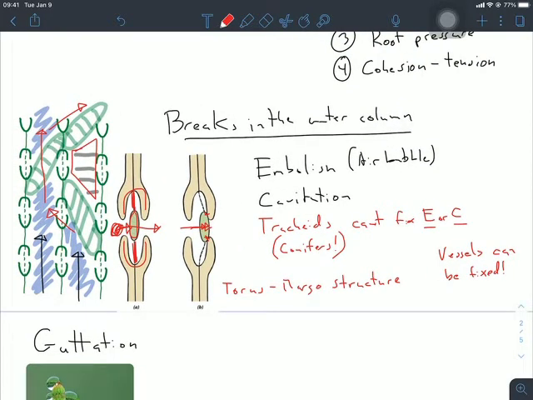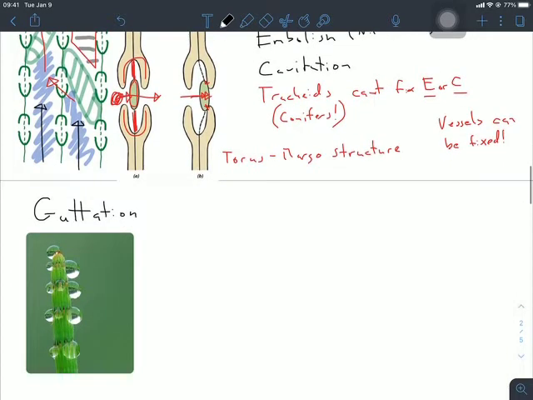Now, there's another phenomenon, in addition to the cavitation and embolisms that can occur and are bad in the water column, called guttation. Now, when a plant in the daytime has its stomata open and is breathing in the CO2, water is leaving via transpiration through the stomata.